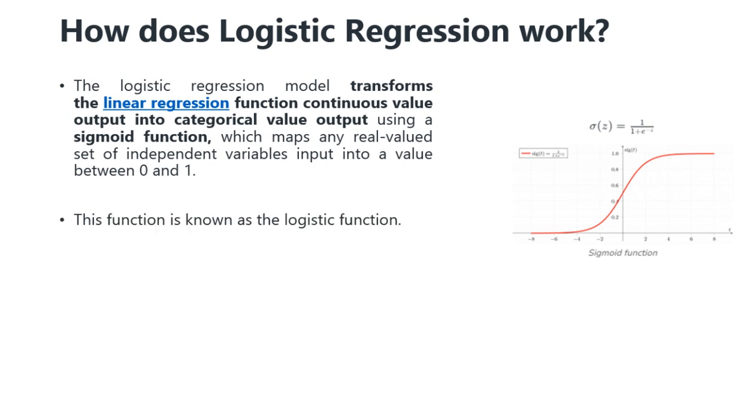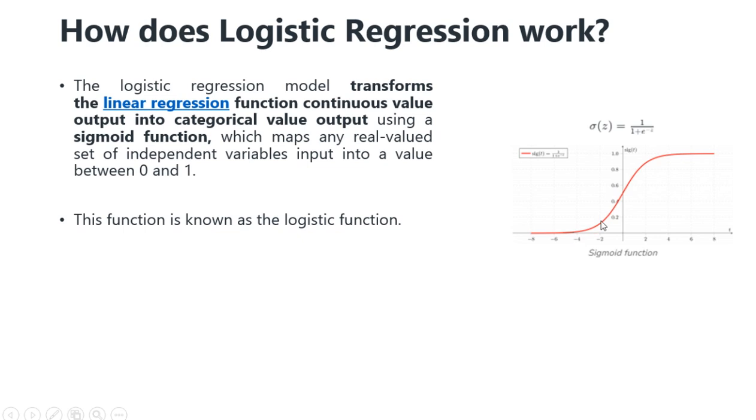Let's say I have x values 1, 2, 3, 4, 5, 6 up to 10. In logistic regression, we convert these values of x from 1 up to 10 and map them to a value between 0 and 1 only. This is the S-shaped relationship we have in logistic regression.